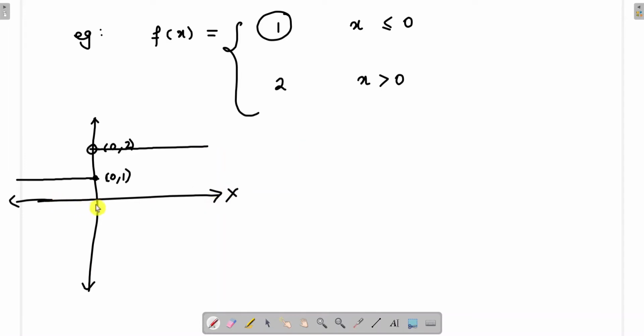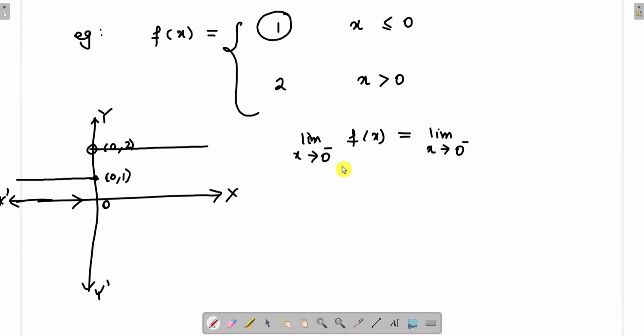This is the x-axis, so here we have the domain real line, and this is the codomain real line. When x approaches 0 from the left hand side, we have limit x tends to 0 minus of f(x). Now what is the definition of this function f(x) when x is less than or equal to 0?